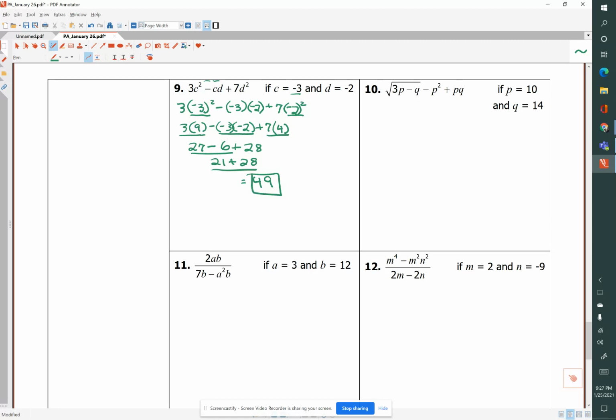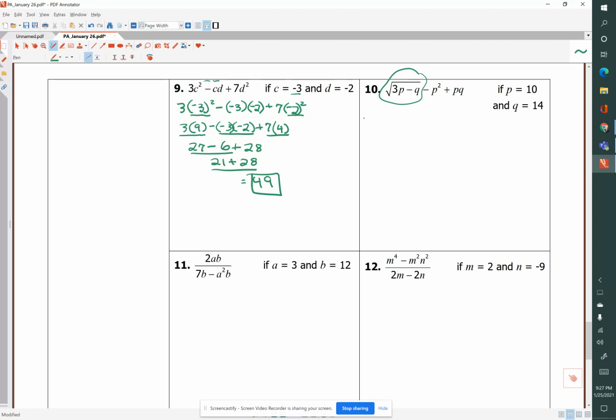On number 10, we have a square root. We haven't done many of those, but I'll show it to you now. The square root of 3p minus q, where p equals 10 and q equals 14. Okay, so that's the amount that's in the square root here. Then from that we subtract p squared, p is 10, plus p times q.